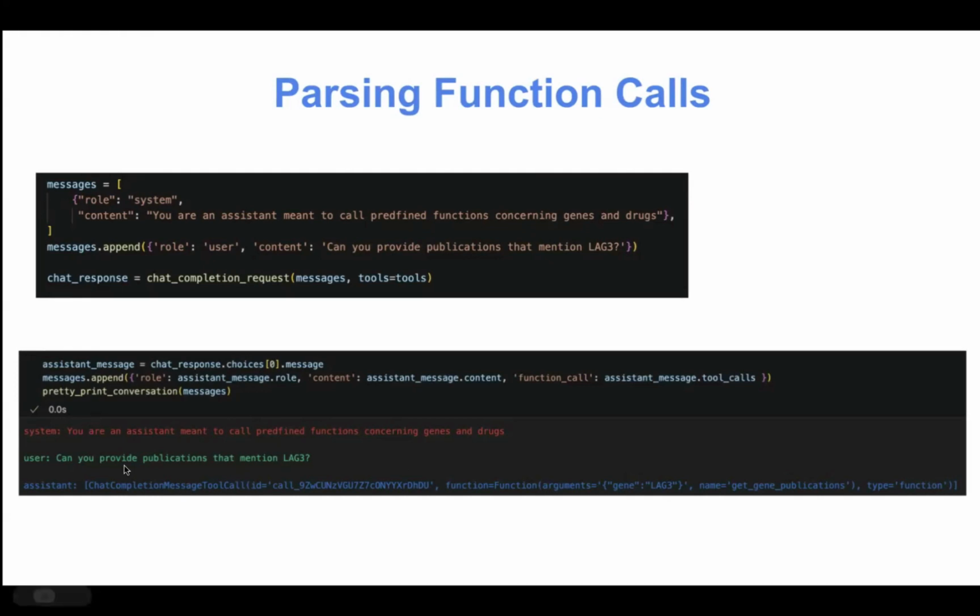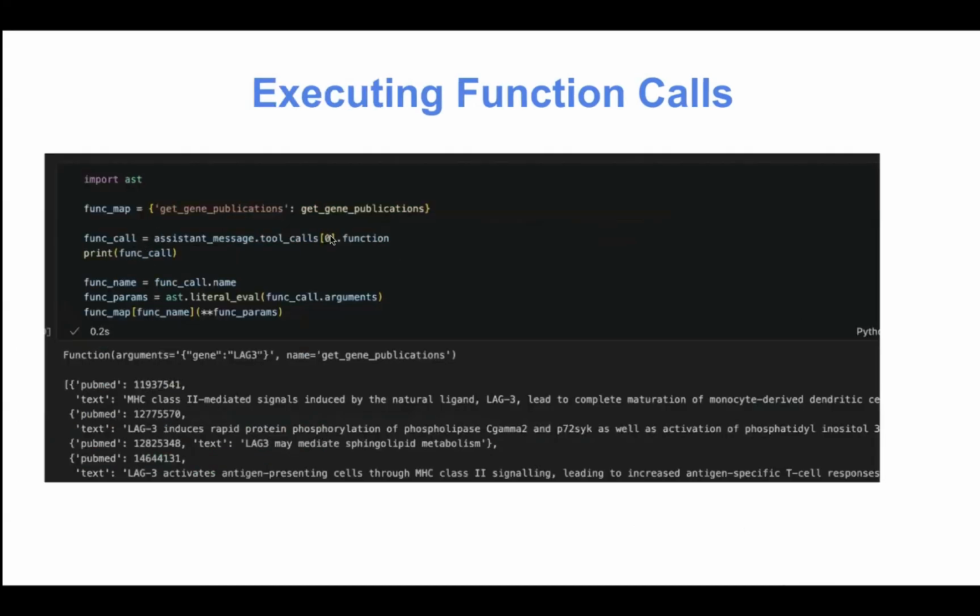So we have a system prompt here, and then we have our message as the user. And you can see it actually didn't respond with text to that message. Instead, it saw that it had a tool that was applicable to the task at hand, and it called it. So it says, hey, I want to call the get gene publications function where the argument gene is lag3. That's exactly what we wanted.